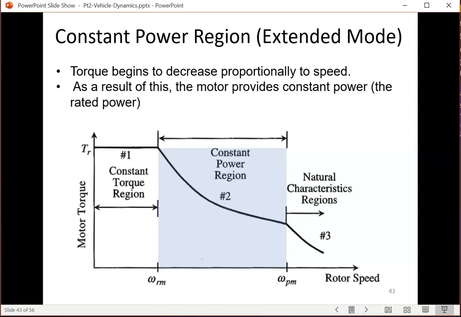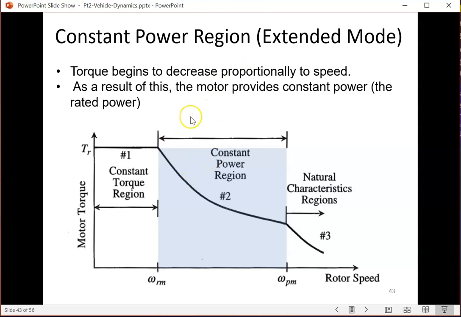So if the speed goes further up, the voltage goes up, and then the current has to go down because it's a constant power region. So in the second region, the current will go down, the voltage will go up, but the power will be the same. Therefore, because the current goes down, the torque it produces will go down as well.